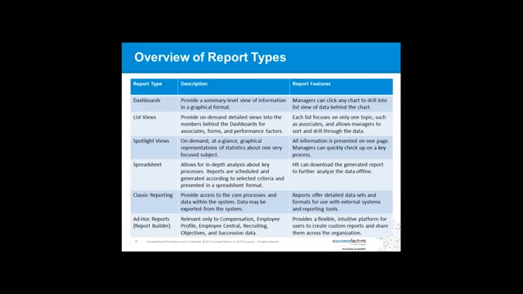The spreadsheet report provides an in-depth analysis of a key process, and it can be downloaded by anybody, even for offline use. Classic reporting provides access to core process data within the system, and it can be used with external systems and other reporting tools as well.